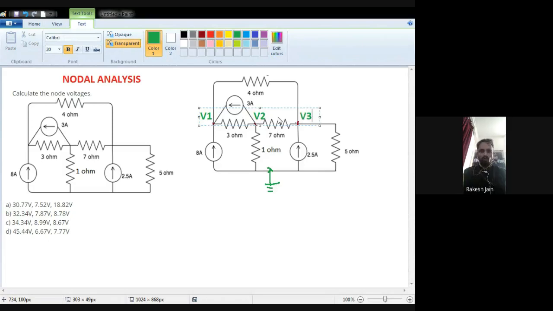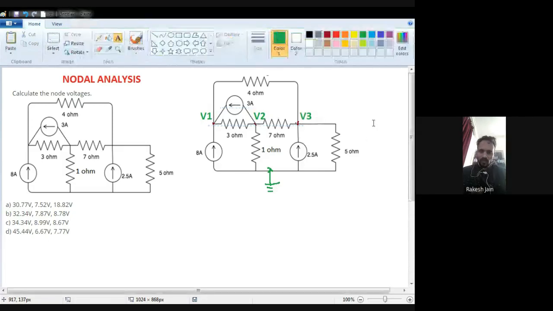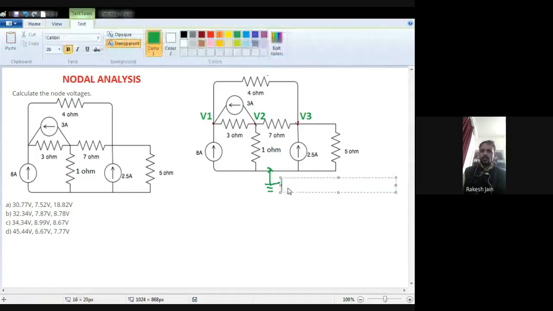So there are 4 nodes: one node voltage is V1, one is V2, one is V3, and the fourth node is my reference node at the bottom side of this question, which we consider as 0 volt because the reference node is always connected with ground.